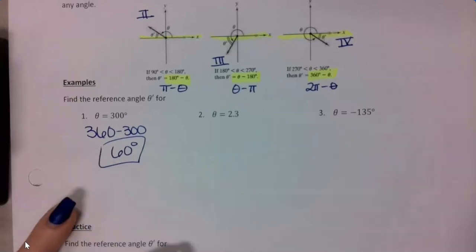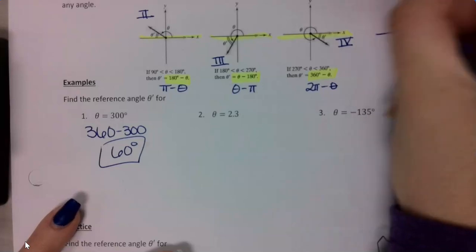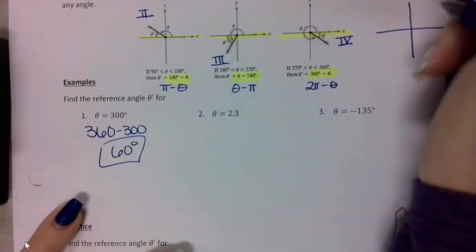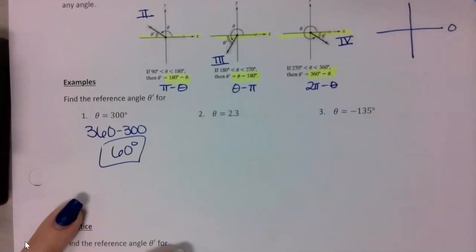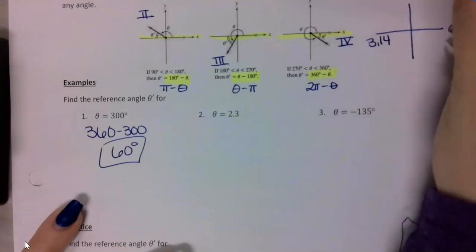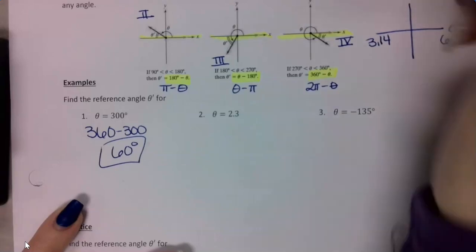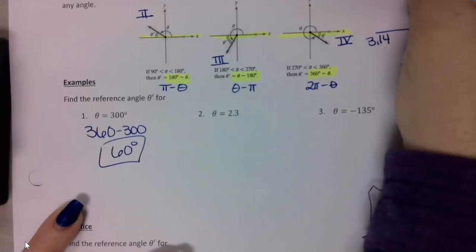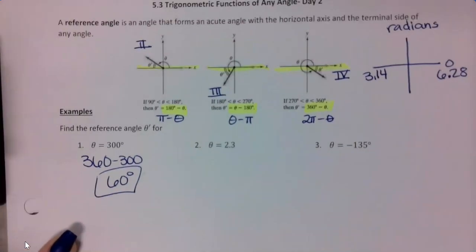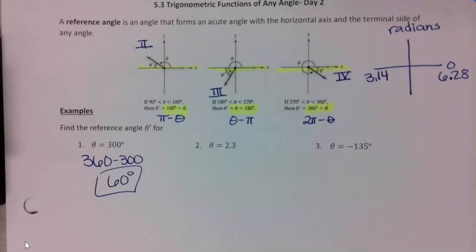Okay, so the next one is, guys, the next one gives me it in radians. So this is 0. Pi is 3.14, and 2 pi is 6.28. So number 2 is given to me in radians.